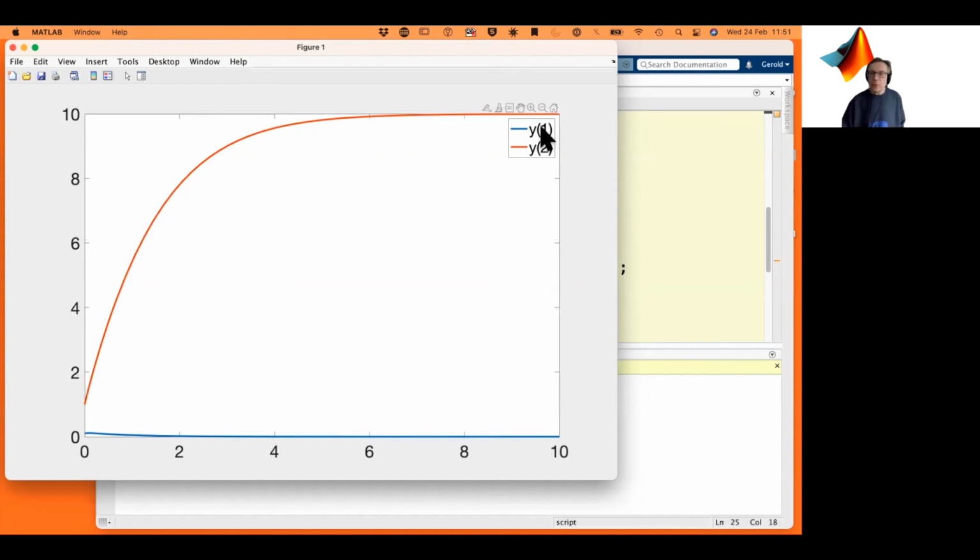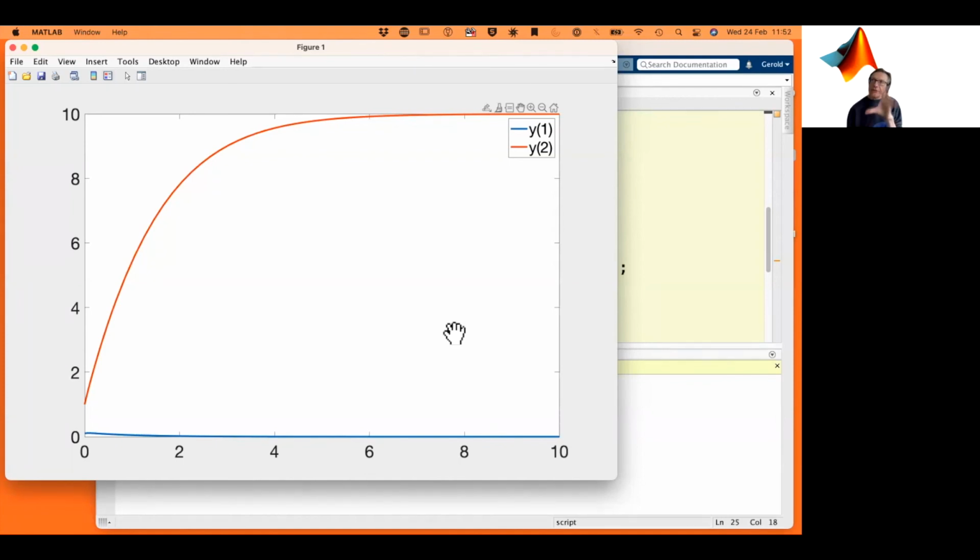And the first variable, y1, the blue one, stays close to 0, actually approaches 0. So very small values. And the other one, the red one, instead rises and then approaches a value that looks to be 10. I think it's not a coincidence. It has to do with a parameter that we set to 10, probably this alpha that we set to 10 initially.